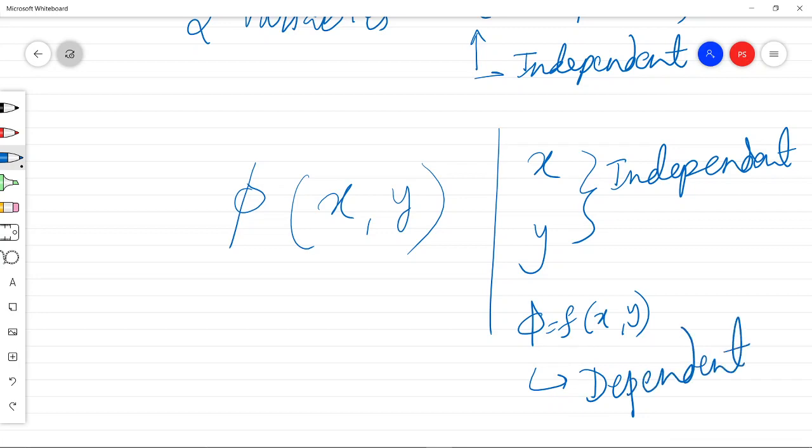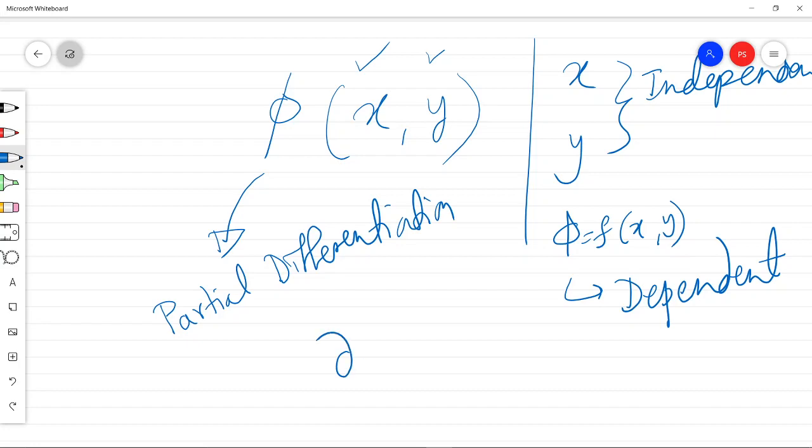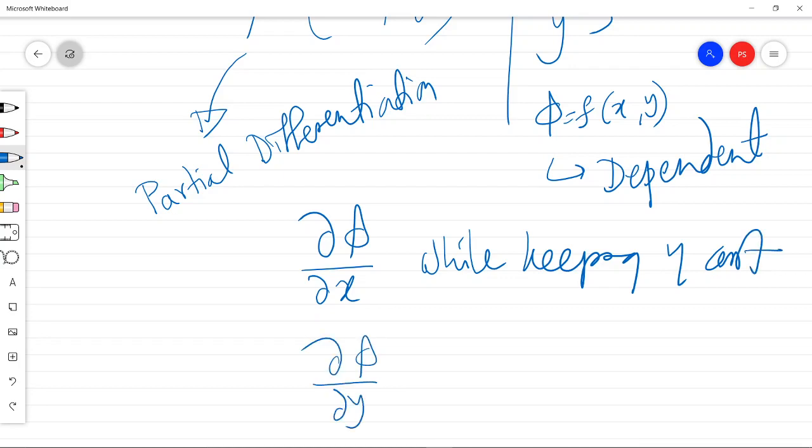So if this is the case, now this phi can be differentiated, or its rate of variation can be found with respect to two variables, namely x and y. That can be done by using partial differentiation. That is, we can differentiate phi with respect to x while keeping y constant, and we can differentiate phi with respect to y while keeping x constant.